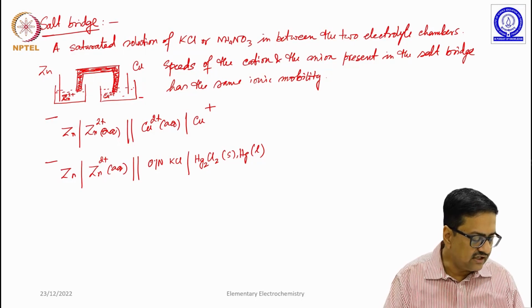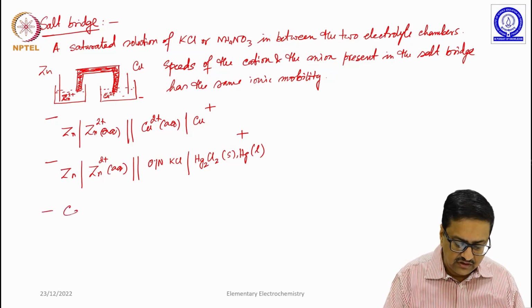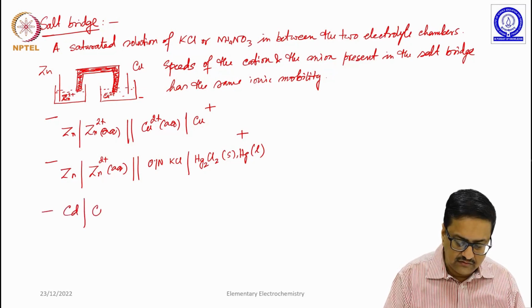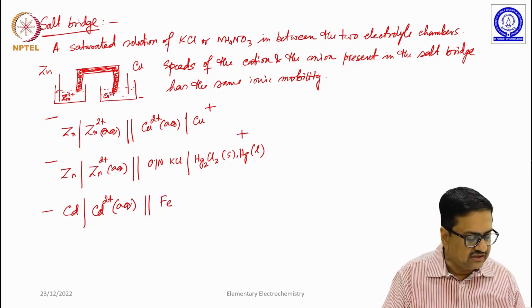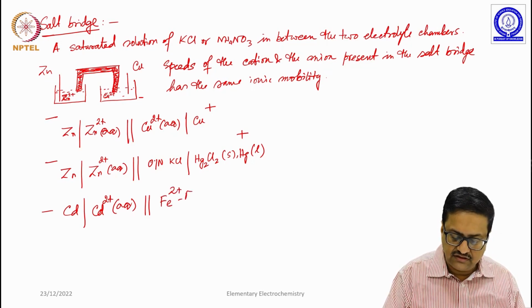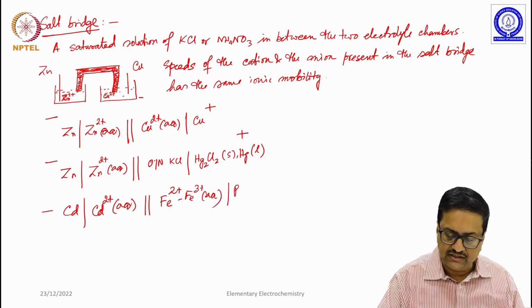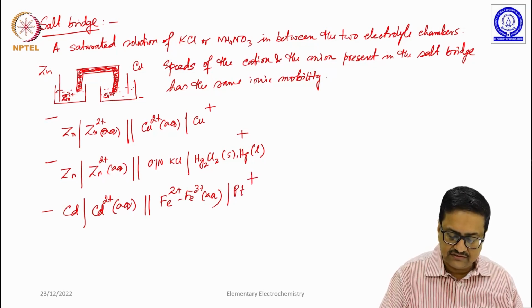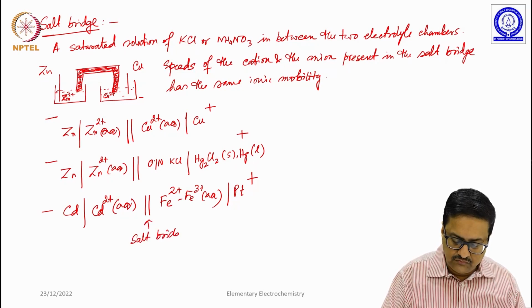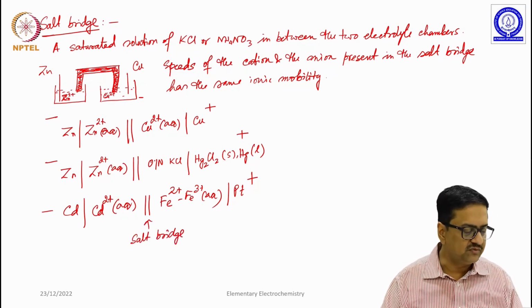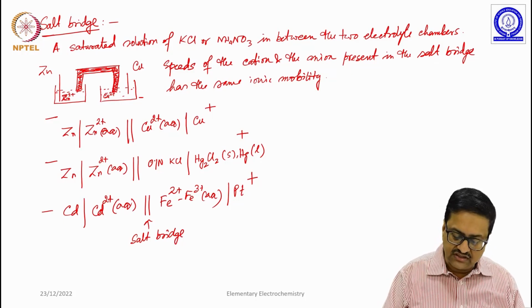And similarly, one can also write another electrode. Just for example, I am writing cadmium in touch with Cd2+ in aqueous medium, which is now in equilibrium with the Fe2+, Fe3+ system in aqueous medium with a platinum electrode. So in every case you have a salt bridge which eliminates the possibility of development of liquid junction potential.